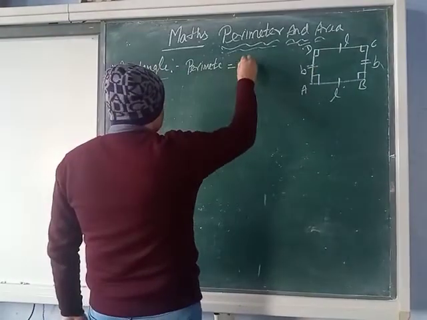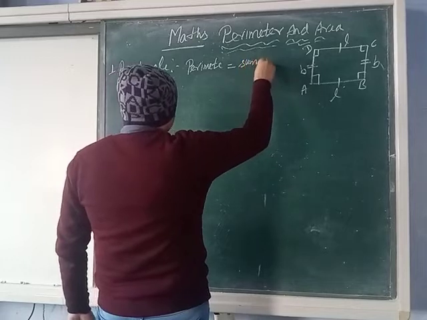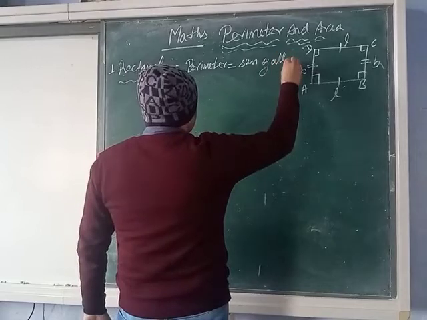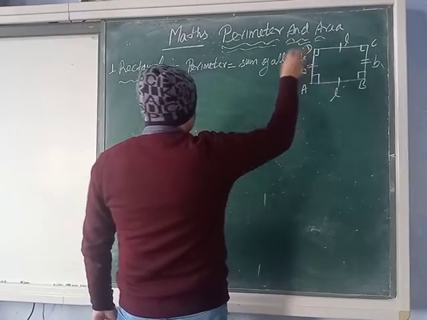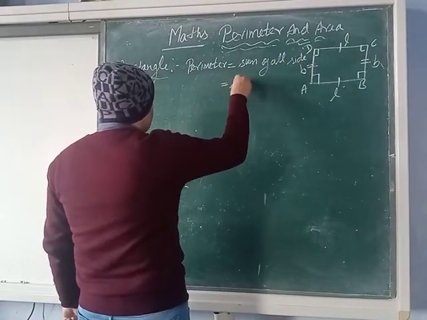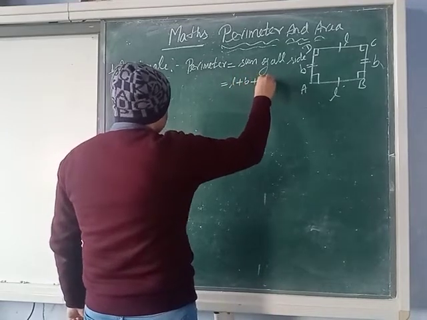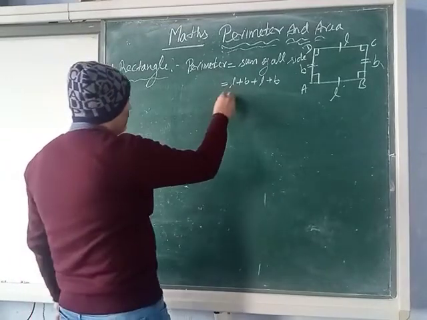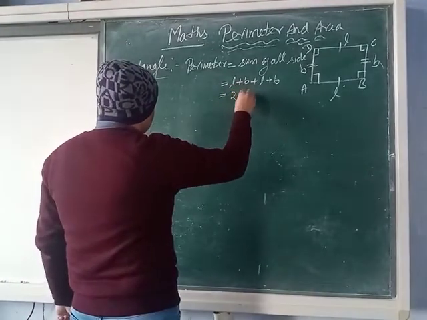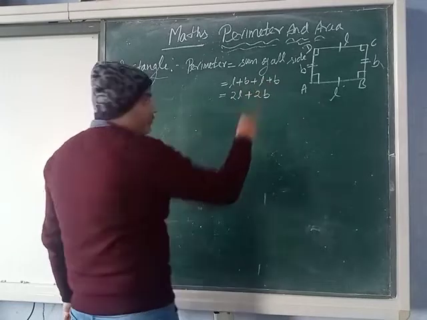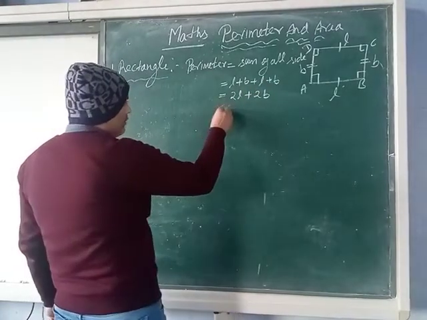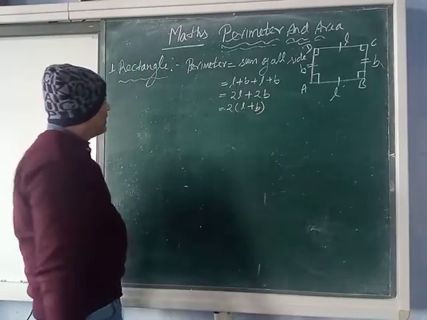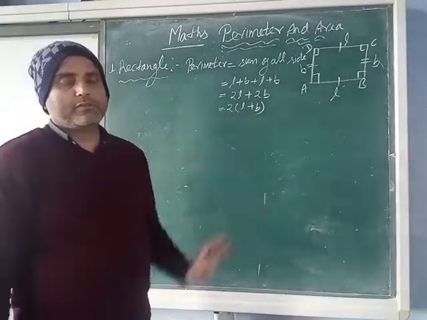Perimeter will be the sum of all sides: L plus B plus L plus B. Then we can write L plus L, 2L, and B plus B, 2B. Take 2 as common. So the perimeter of a rectangle is 2 in bracket length plus breadth.